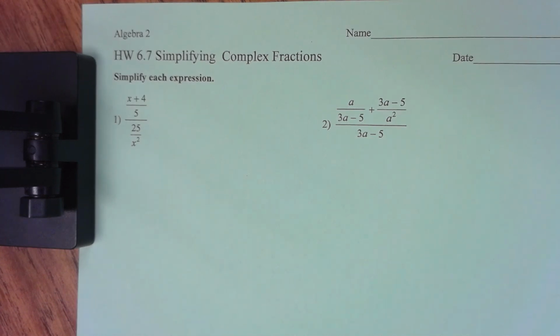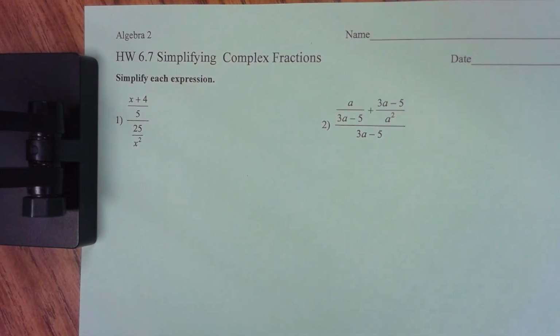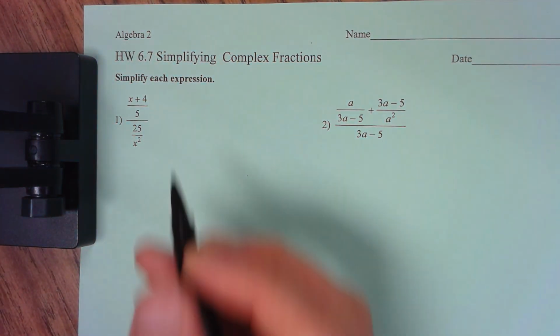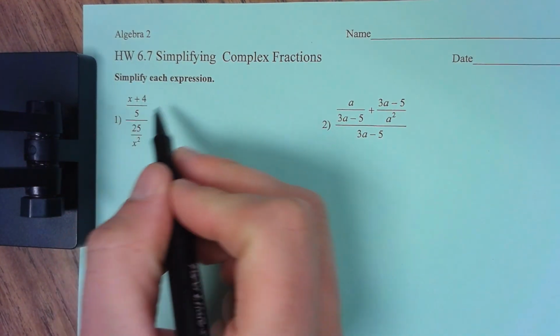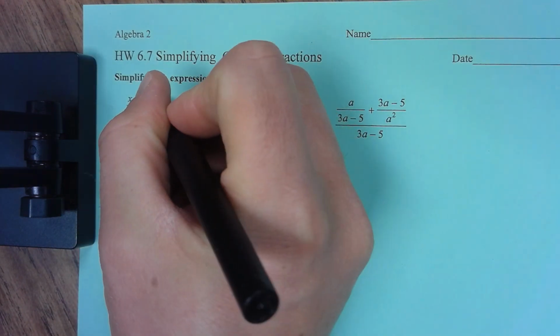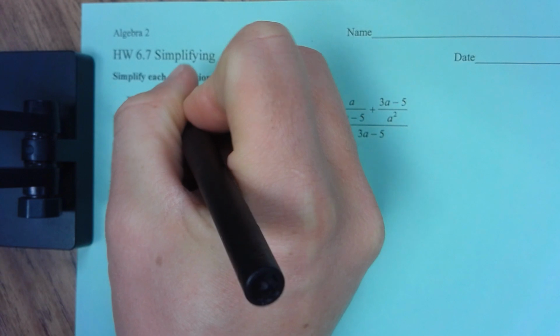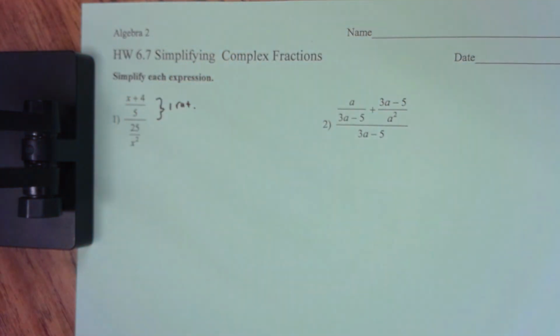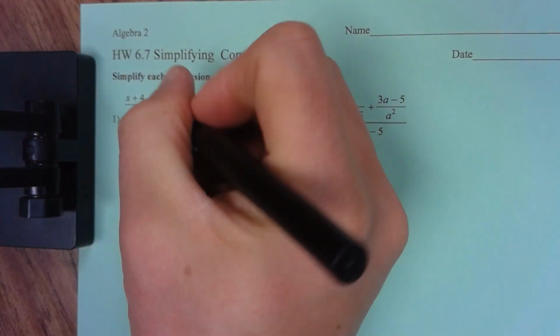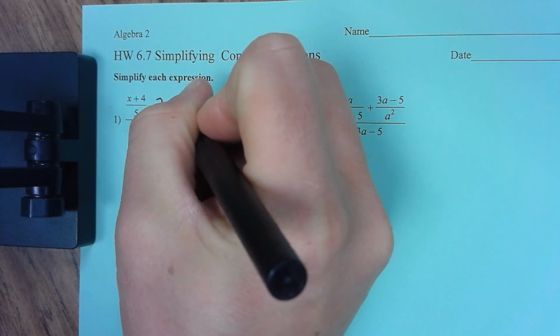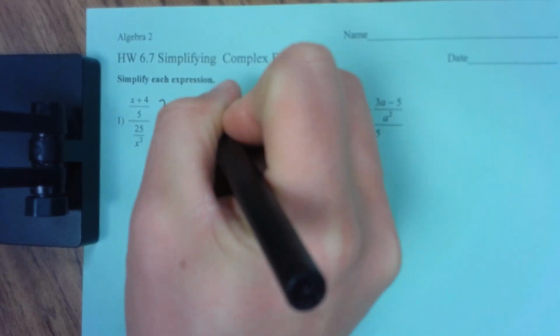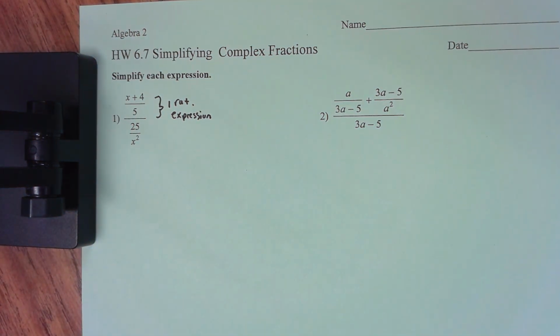Now, what we're going to work to do with complex fractions is always set this up to where we have one rational expression. So we'll call this a one, I'll abbreviate rational with rat expression. That numerator is already one expression.